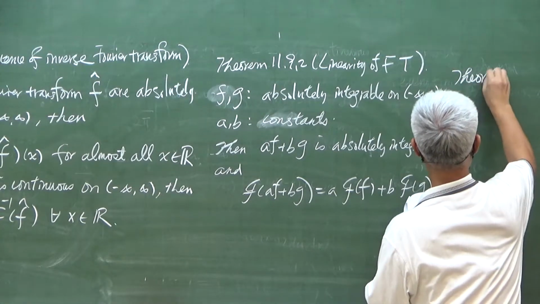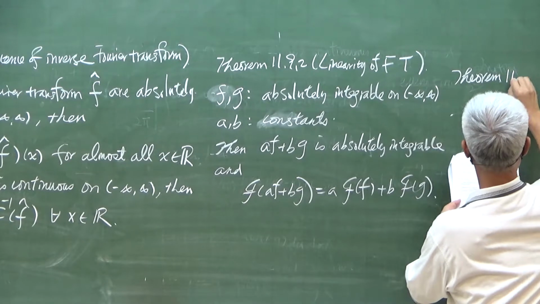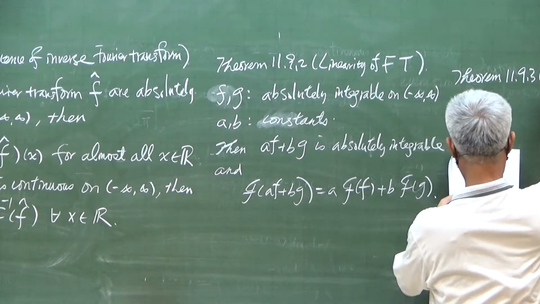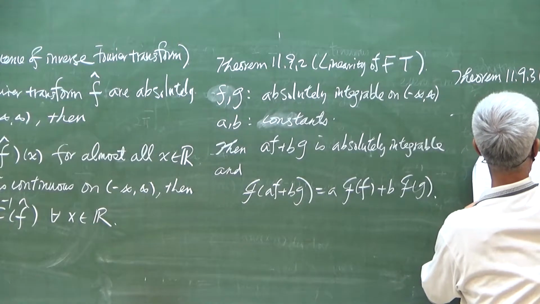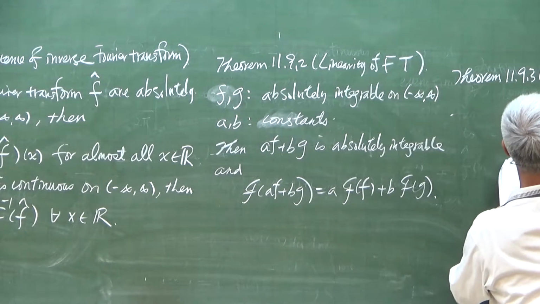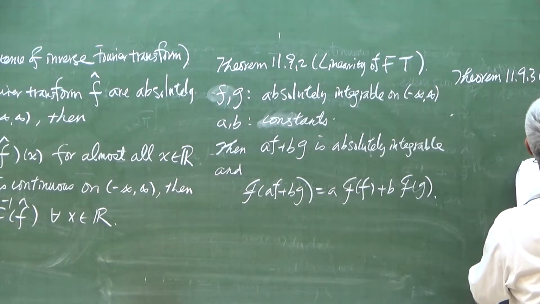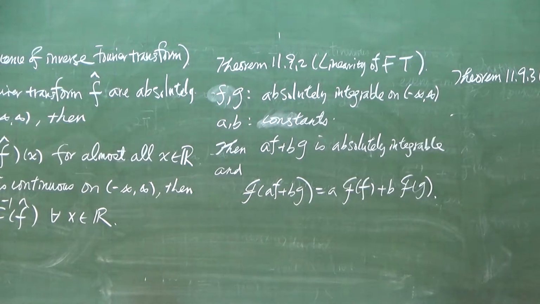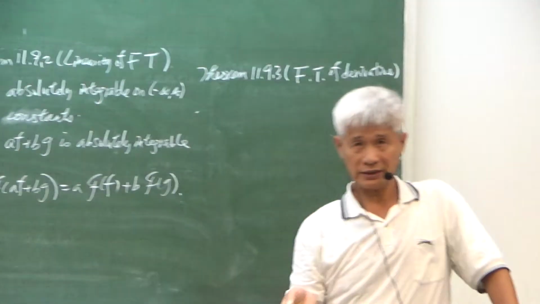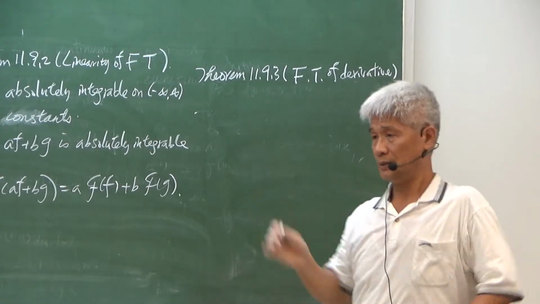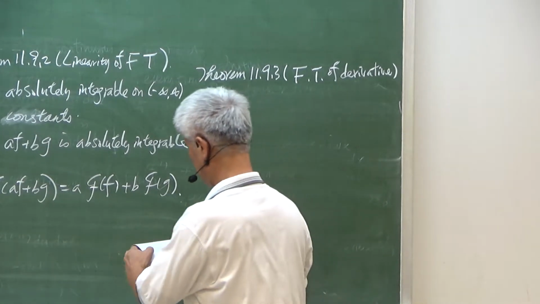Alright, and similarly, the Rayleigh theorem is about the Fourier transform of the derivative. We have the Fourier cosine transform of the derivative and the Fourier sine transform of the derivative. Now we have the Fourier transform of the derivative.